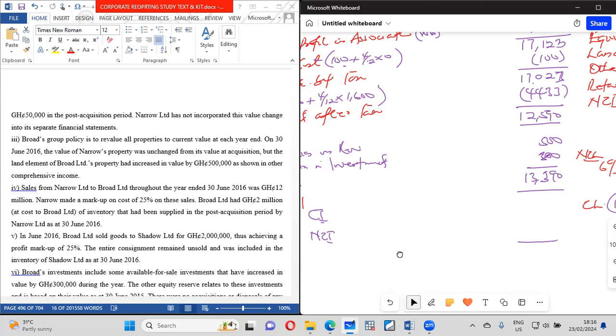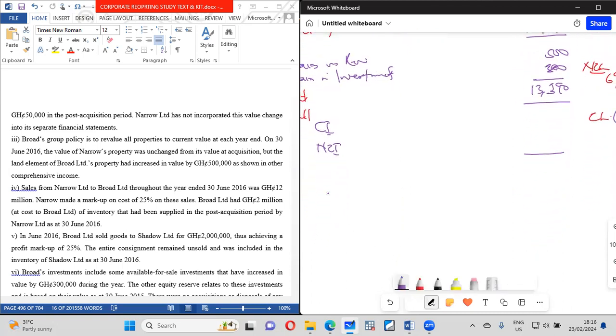Then we will do another CI and the NCI for the reserves. All right, so basically that is how we do it. Okay, so you do each one for the other. Okay, but you could see clearly that for the revaluation reserve, they were all for the CI. Okay, so the parent.